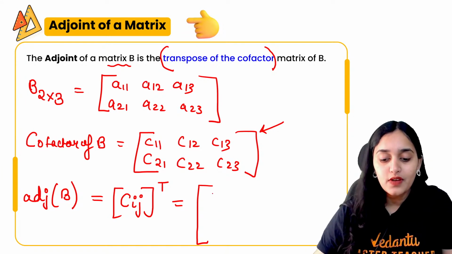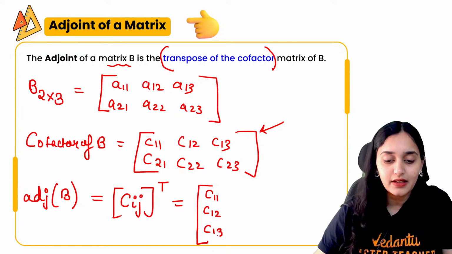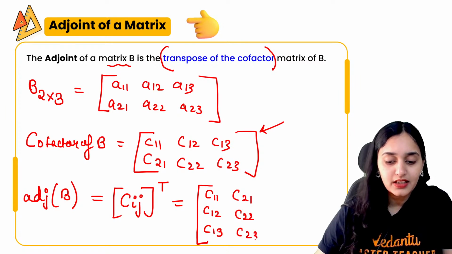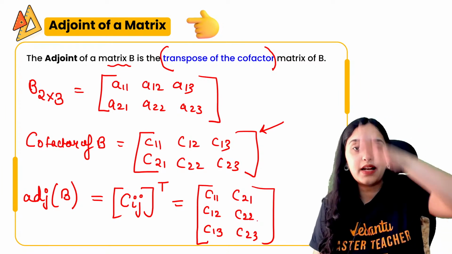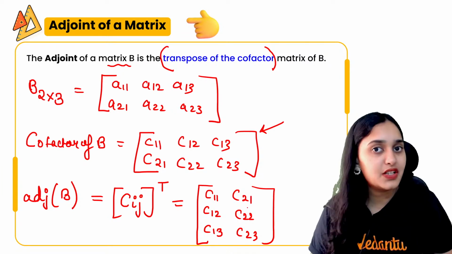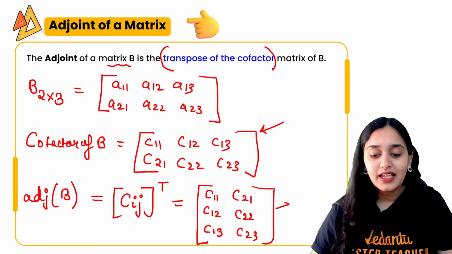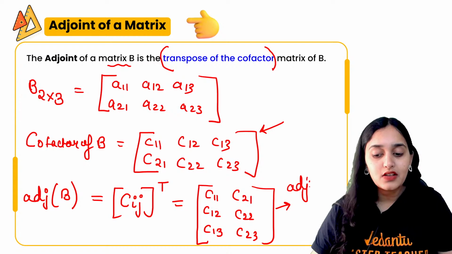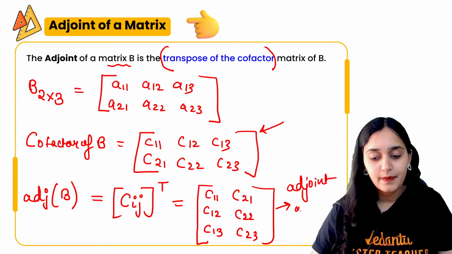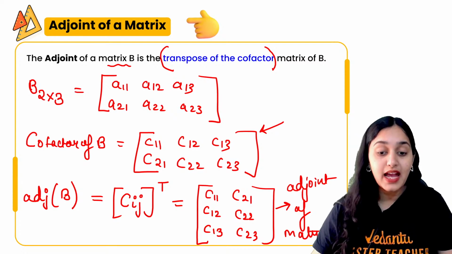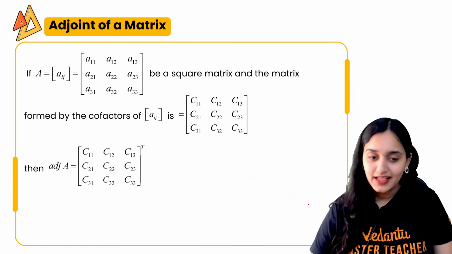So first row will become first column: C11, C12, C13, C21, C22, C23. Like that we do transpose, right? Now this is adjoint of matrix B. Understood everybody? How do we find adjoint?